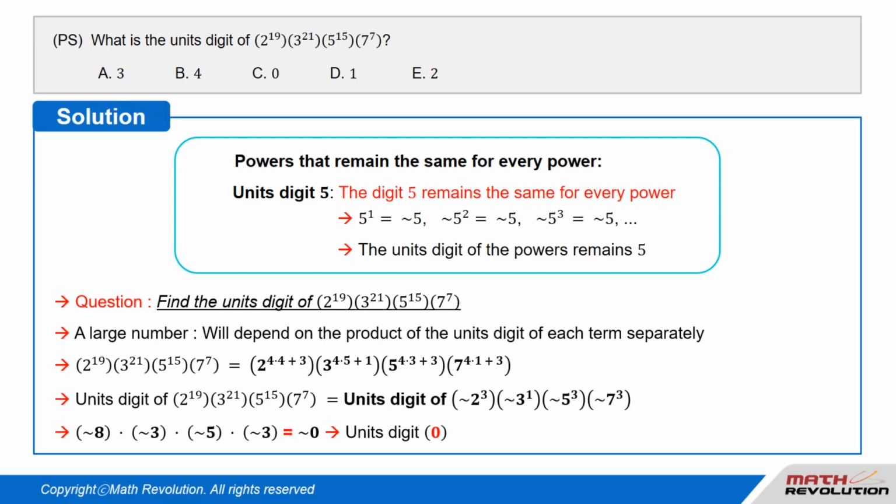Now, the units digit of this would be the same as that of 2 to the power of 3 times 3 to the power of 1 times 5 to the power of 3 times 7 to the power of 3, which would be 8 times 3 times 5 times 3 equals 0. Thus, the units digit would be 0.